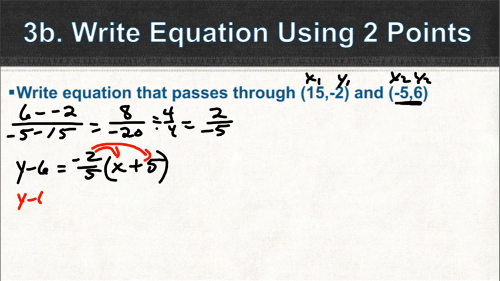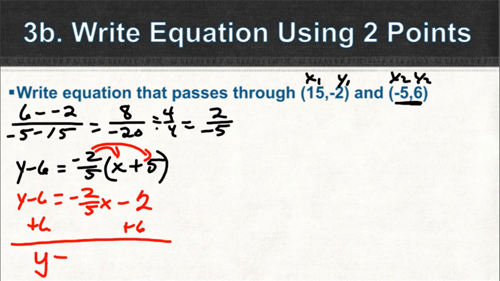So I have y minus 6 equals a negative 2/5 x minus 10/5, which is just 2. And then I can add 6 to both sides. And I have an equation of y equals a negative 2/5 x plus 4.